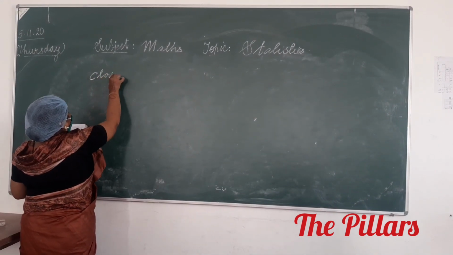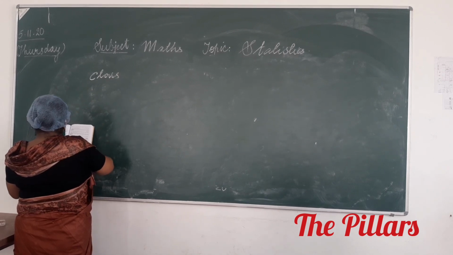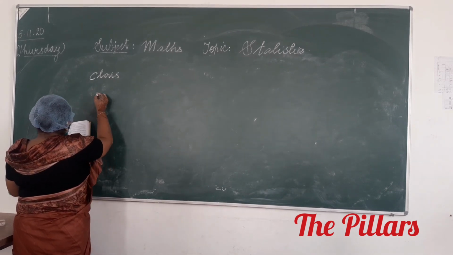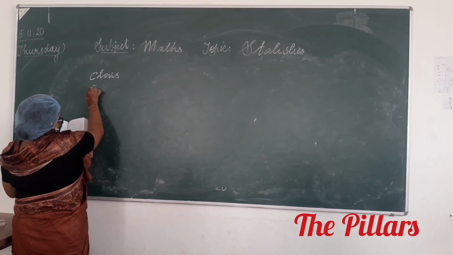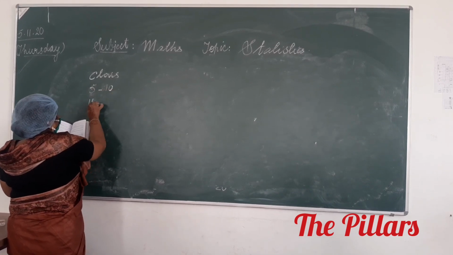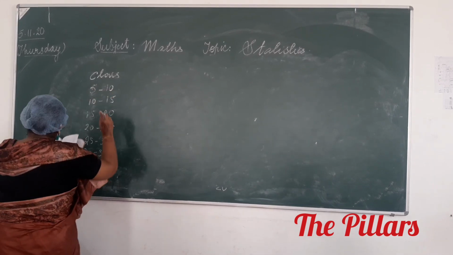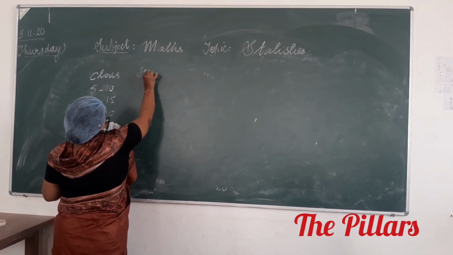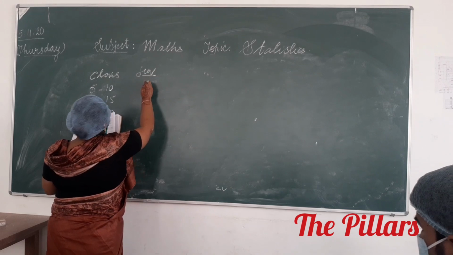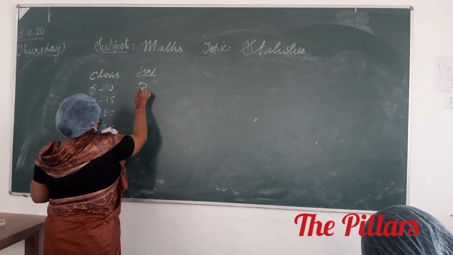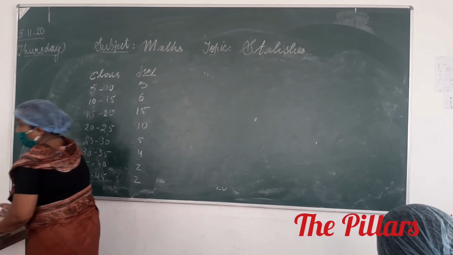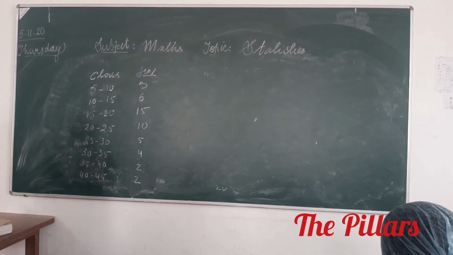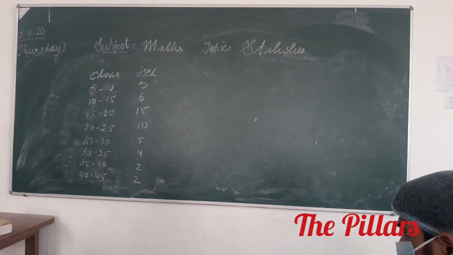Class: 5 to 10, 10 to 15, and so on. Frequency: 5, 6, and so on.